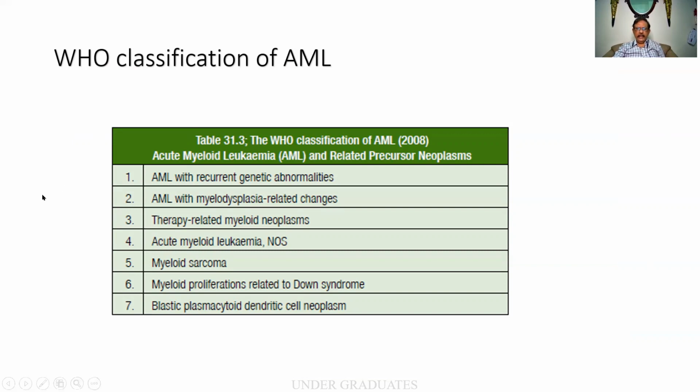Accordingly, there are the various types such as AML with recurrent genetic abnormalities, with myelodysplasia related changes, therapy related myeloid neoplasms, acute myeloid leukemia not otherwise specified, myeloid sarcomas, myeloid proliferation related to congenital disorders such as Down syndrome, and plasmacytoid dendritic cell neoplasm. This is a totally different nomenclature, but when people are asked the classification of leukemias, you will have to write the FAB as well as the WHO classification.